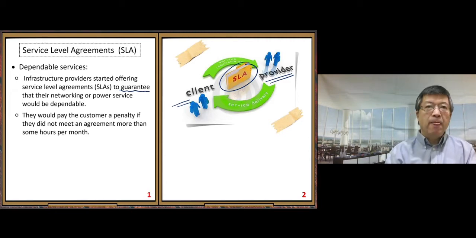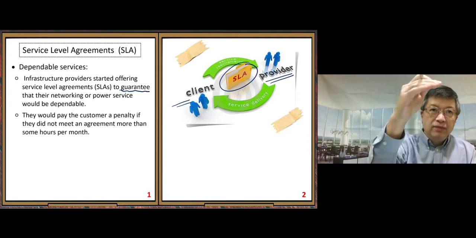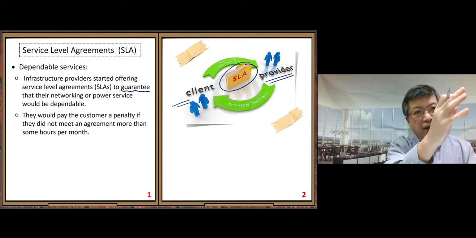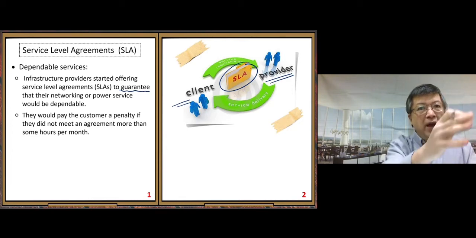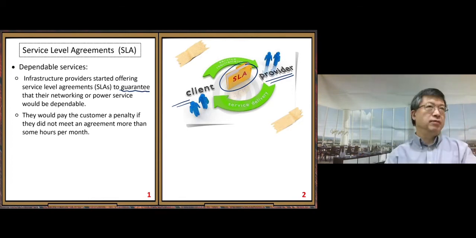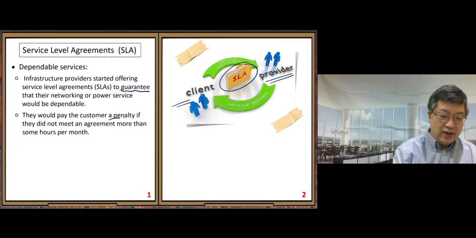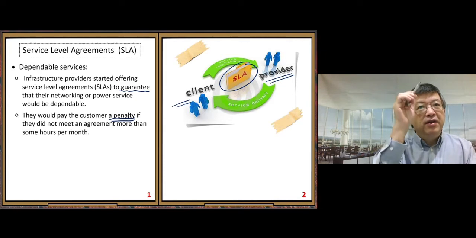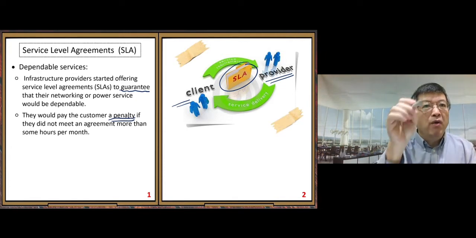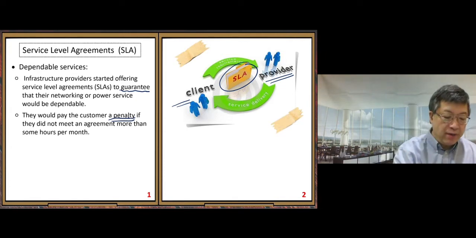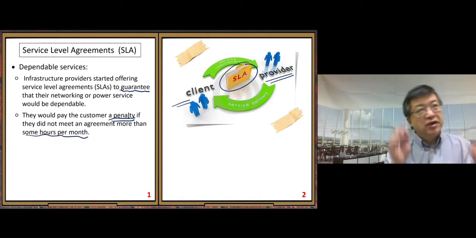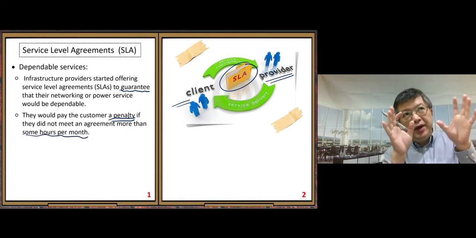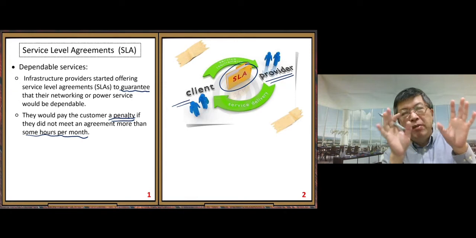So here, in the agreement, there should be something like this. They would pay the customer a penalty, some penalty, if they did not meet the agreement of more than some hours per month. So some numbers here using hours per month.